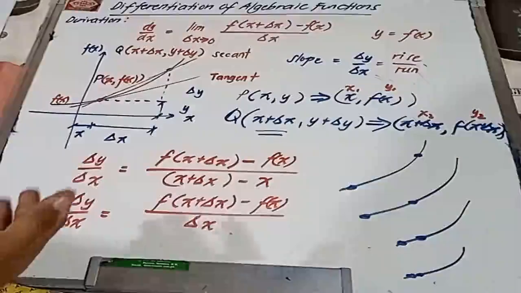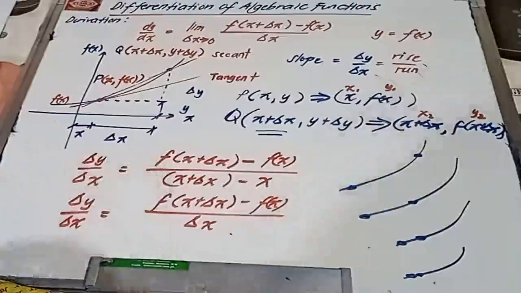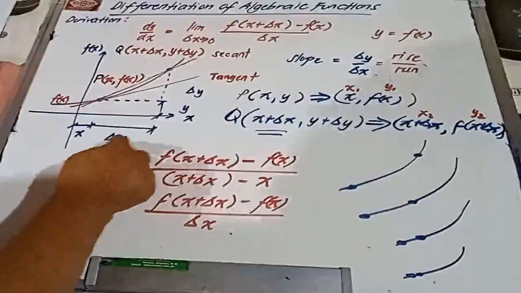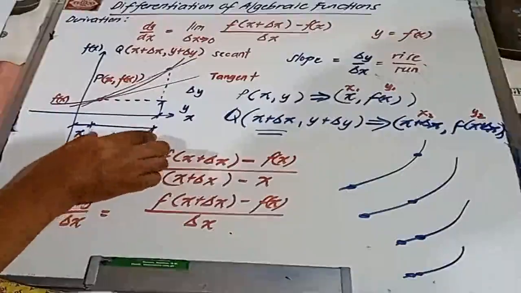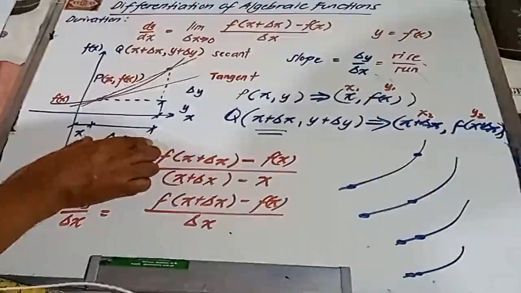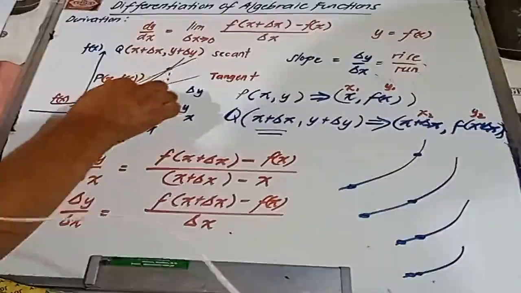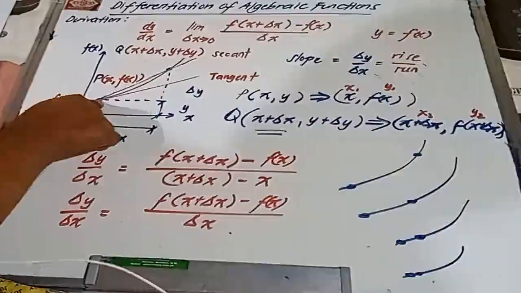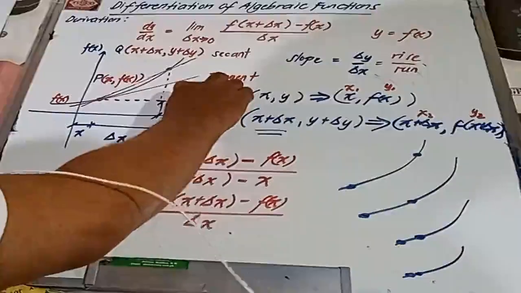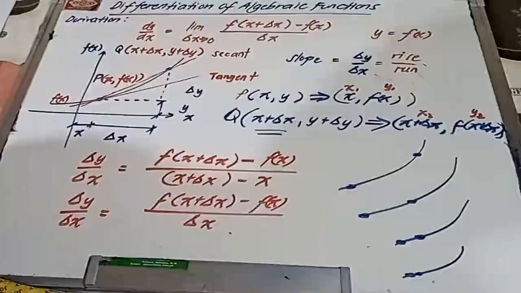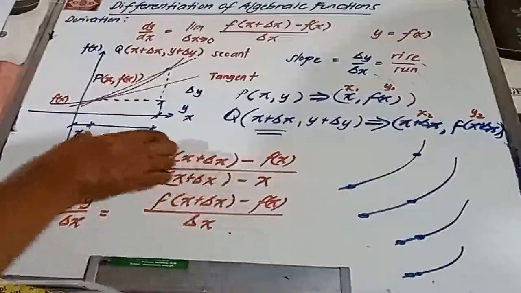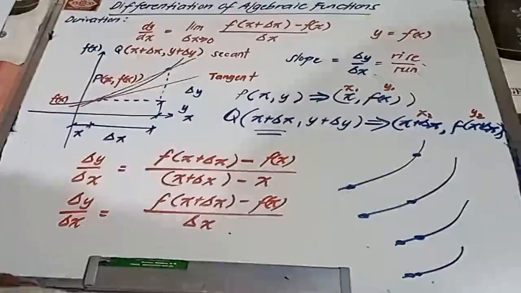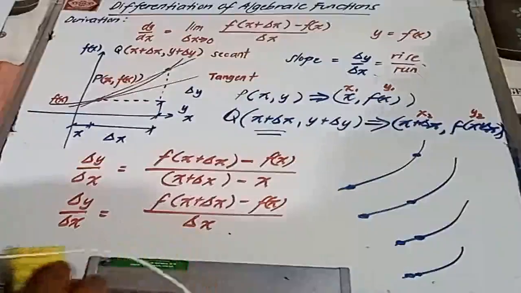Para makuha natin yung exact slope of the tangent line at point P. Paano yun? So, kung papalapit ng papalapit si delta x sa 0, ibig sabihin, mawawala na to. Pag nawawala na to, papuntang 0 na siya, sabihin yung ating point is referring to point P. We're referring to the limit. And that limit is the derivative of the function. Okay? The limit of this function as delta x approaches 0 is the first derivative of the function. Para makuha natin yung slope ng tangent line.